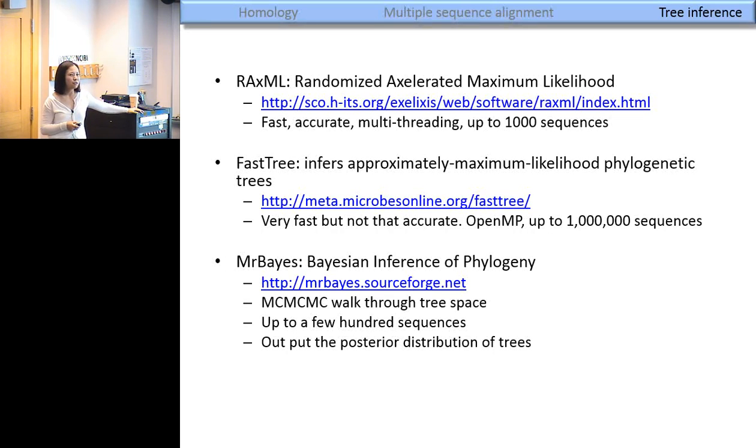Unfortunately, it doesn't deal with very large trees, because it proposes a new topology, maximizes everything, and then walks through tree space. It only deals with a few hundred species, and when trees get really large and complex, the chains don't converge. So it's not as fast as the other methods, but when we're really interested in tree uncertainty, we will use MrBayes.